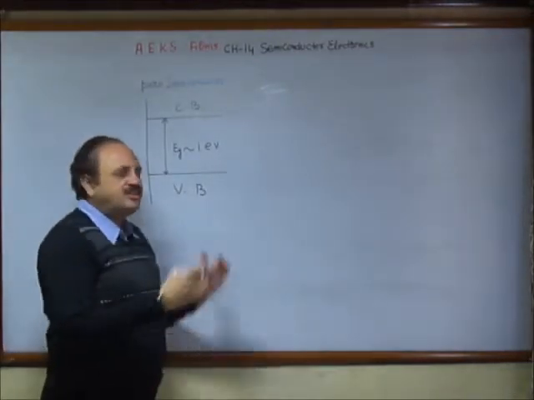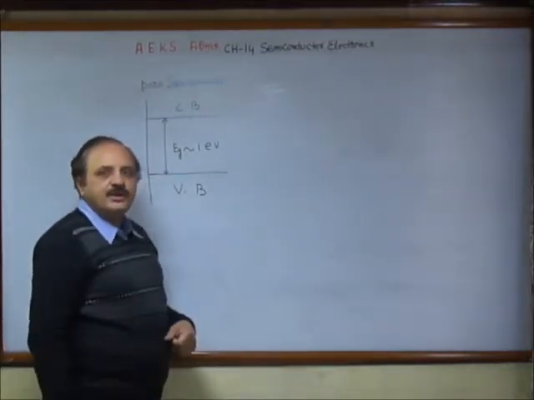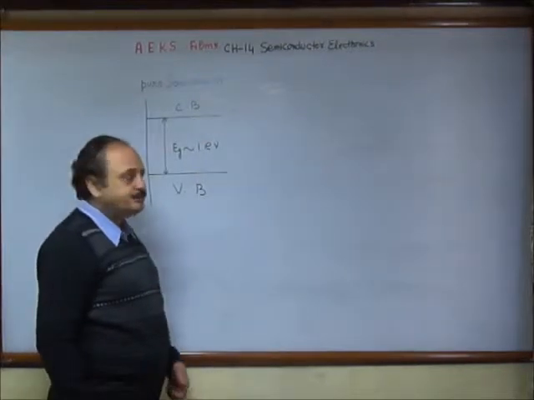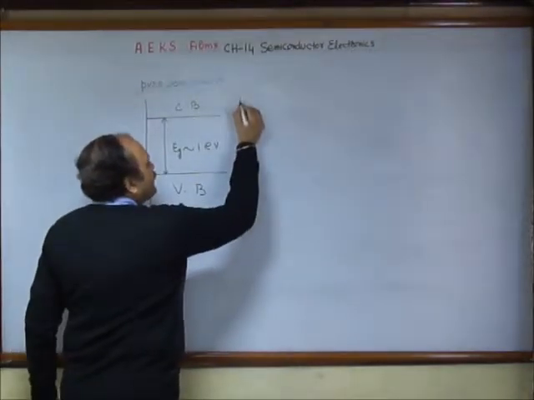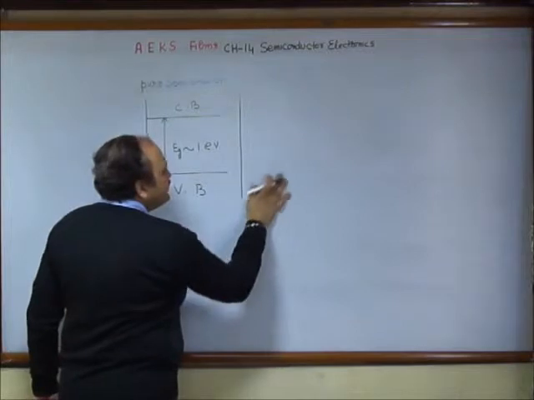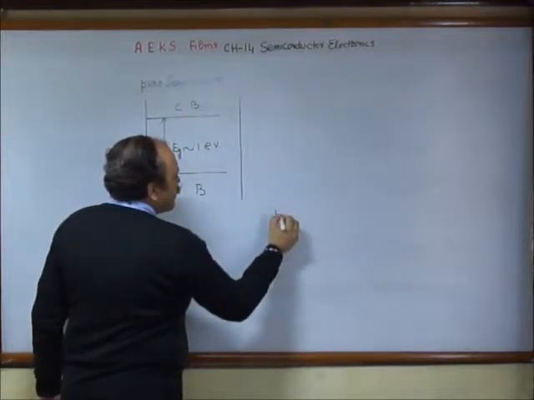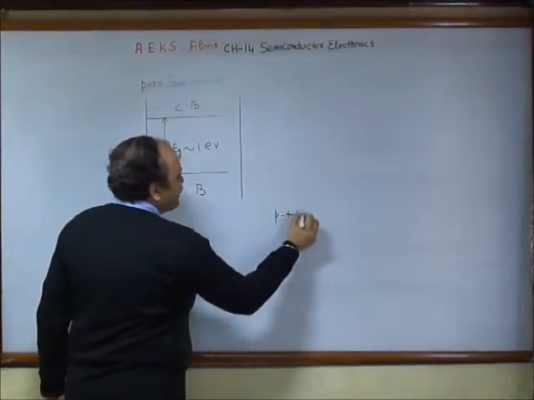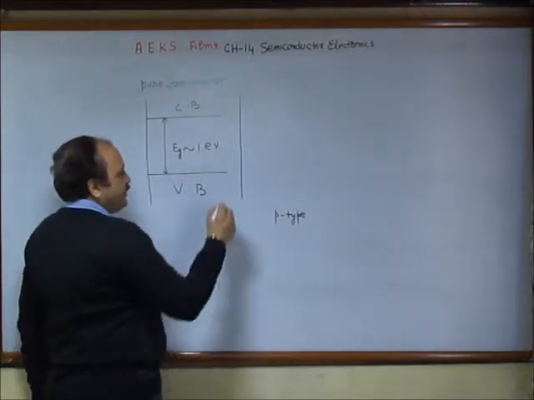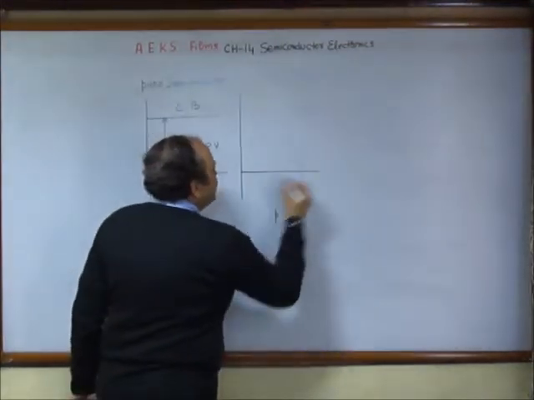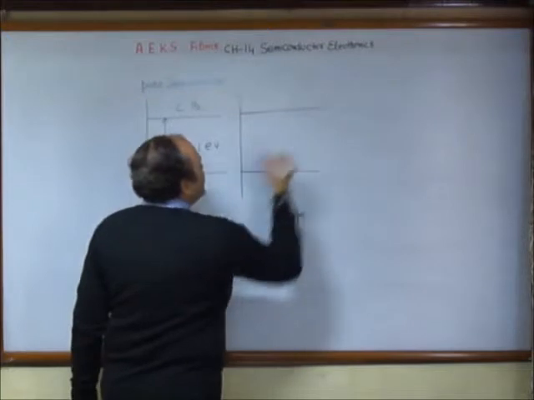What happens when this semiconductor is doped with impurities of the 13th group? When it is doped with 13th group impurities, it is called a p-type semiconductor. We have the valence band and conduction band of the base material.